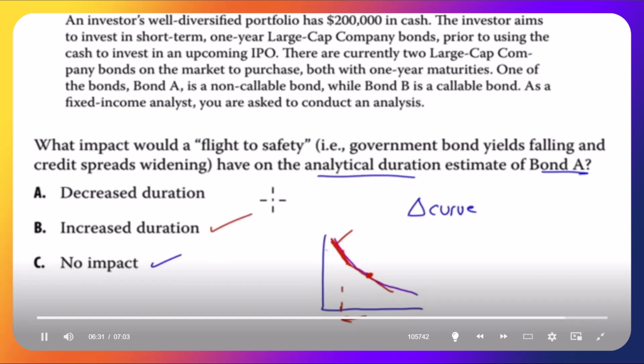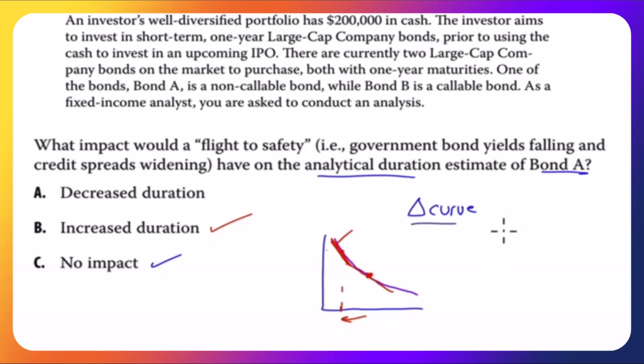It would increase the duration, as opposed to saying no impact. I think what they were trying to get to was that, since it's just the changing curve that you're looking at, if you estimate it again with the same changing curve, it would have no impact. But if you did have a flight to safety, and you did look at the bond's duration at that point in time, it would increase.